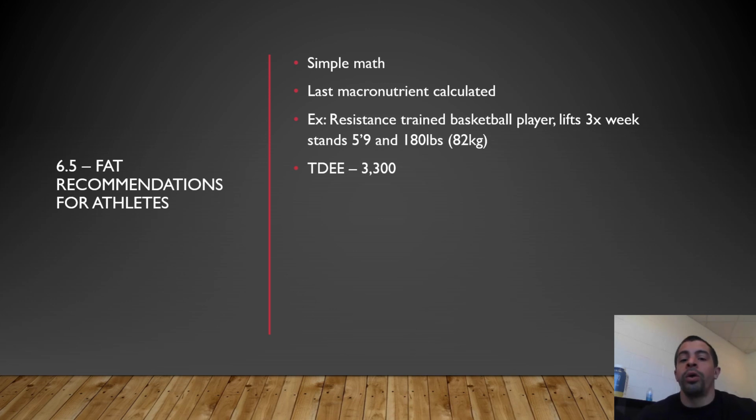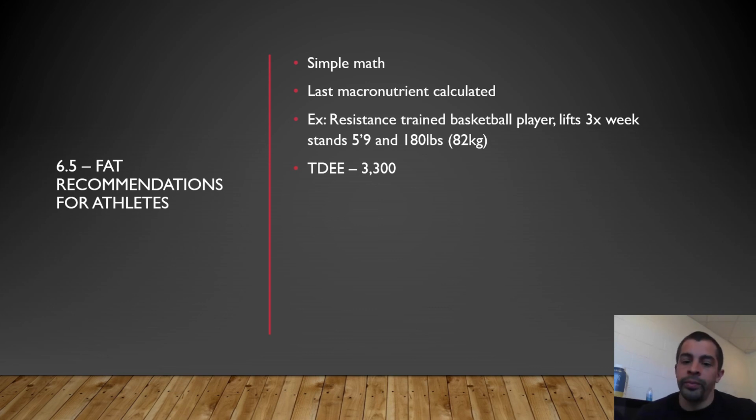So I put in a very hypothetical total daily energy expenditure of 3,300 calories. That's how many calories it would take to maintain that athlete's existence, to maintain their weight. And we're just saying, for argument's sake, that we want to maintain weight. We don't want to lose or gain.